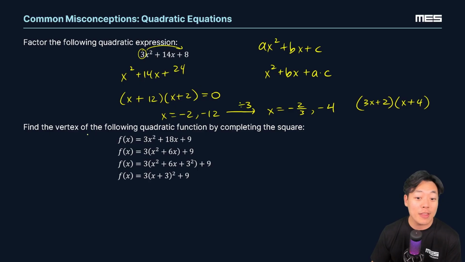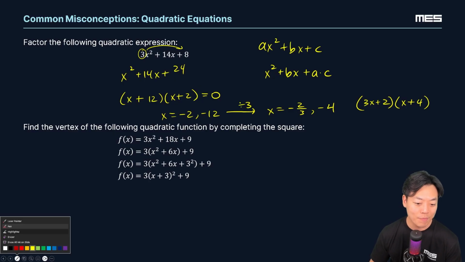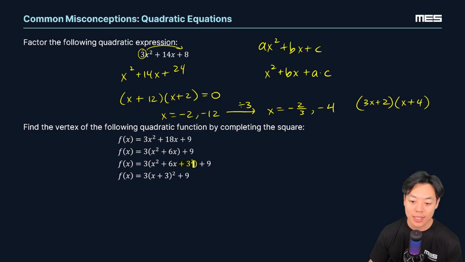Now, in order to find the vertex of any quadratic function by completing the square, a lot of students forget that whenever we add something like this +3 squared, in order to complete the square, we take half of 6, which is 3, and square it so that we can factor into this really nice binomial squared. We're actually adding a whole number here, right?